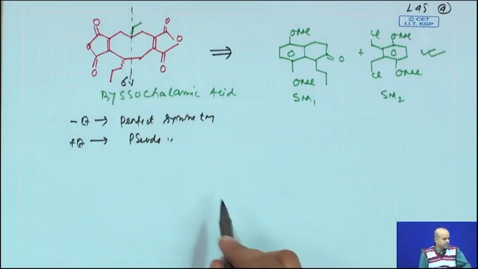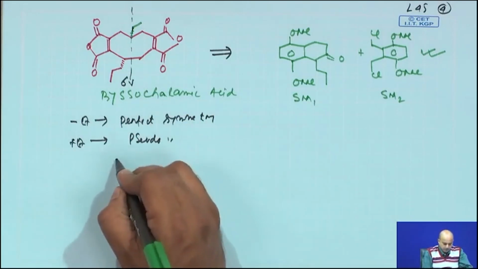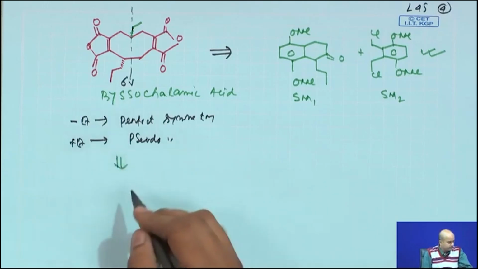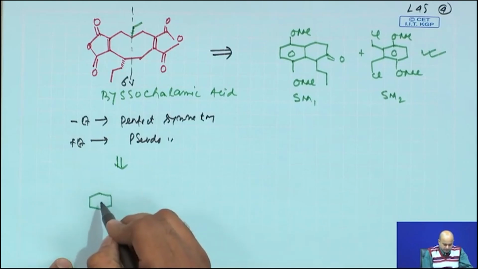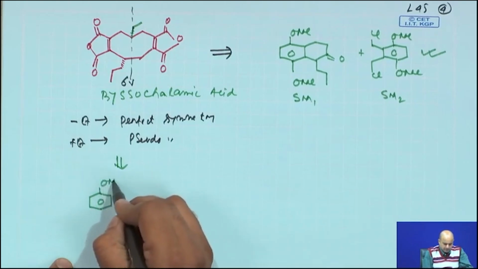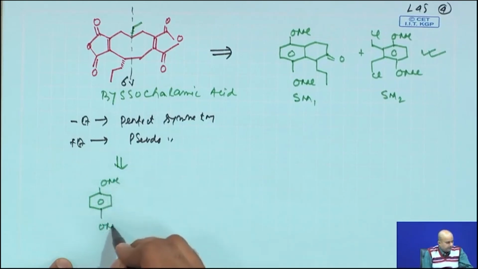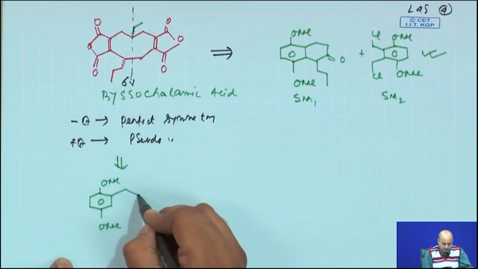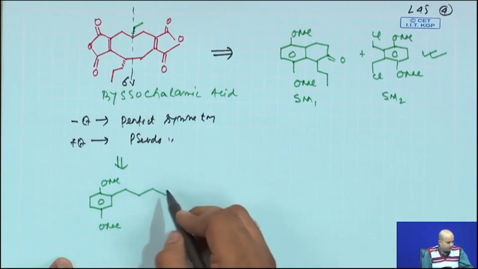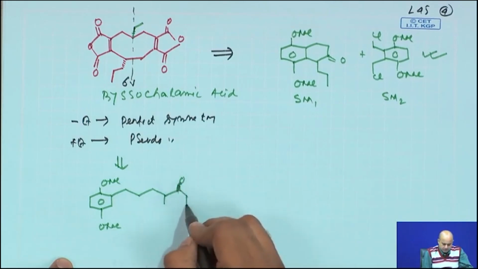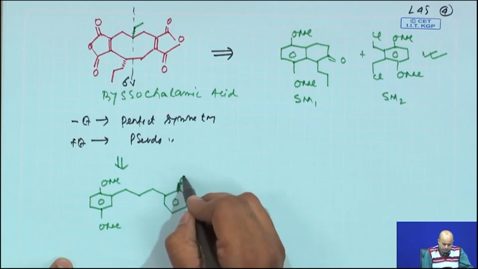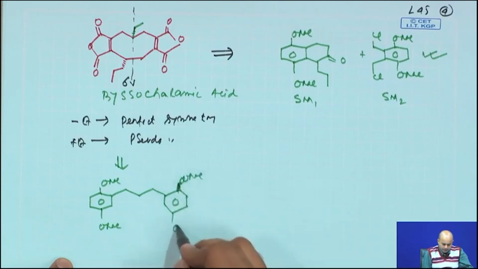Now, the disconnection part we will now try to focus on. At the very beginning we said that the succinic anhydride, this maleic anhydride part, can easily be constructed through an oxidative ring cleavage of this aromatic nucleus, like having 1,4-dimethoxybenzene.